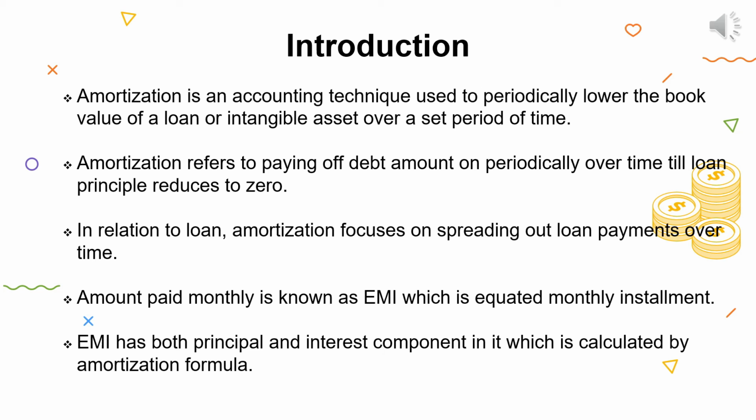In relation to a loan, amortization focuses on spreading out loan payments over time. The amount paid monthly is known as EMI, which is equated monthly installment. EMI has both principal and interest components in it, which is calculated by the amortization formula.